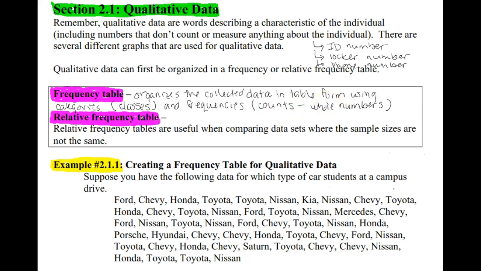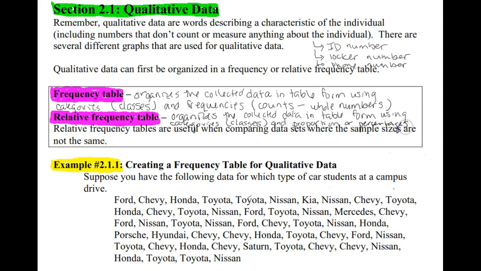A relative frequency table organizes the collected data in table form, again using categories that are oftentimes called classes, and the proportions or percentages.